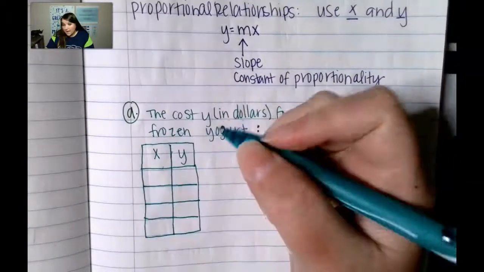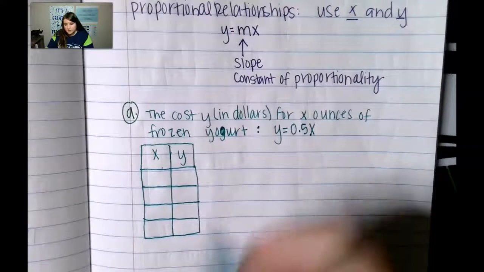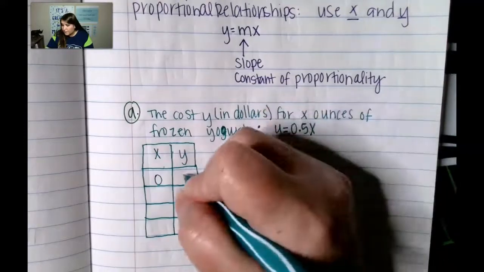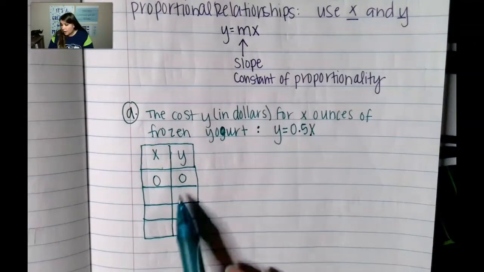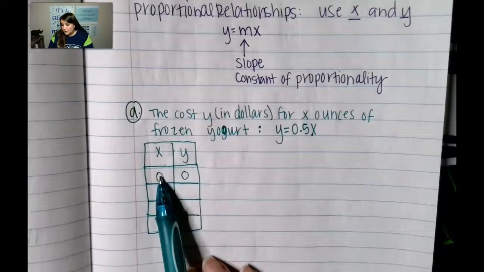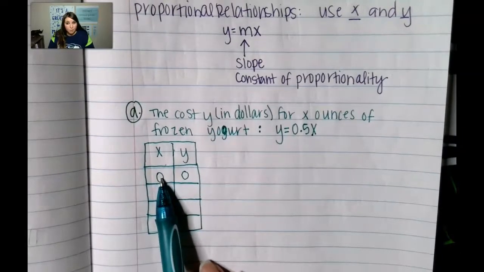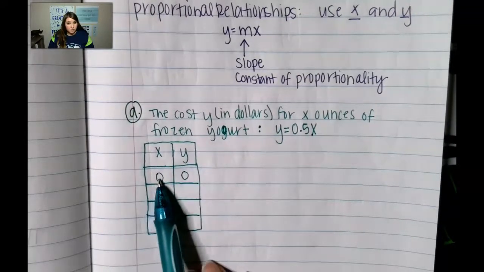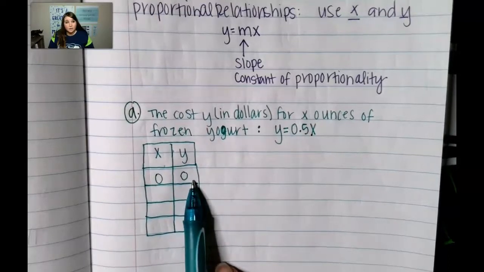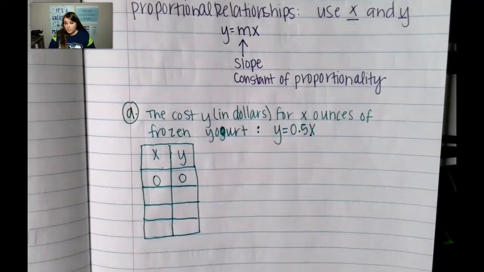So if I buy 0 ounces of frozen yogurt, I'm going to pay $0. The cost is based on how much frozen yogurt I get. So if I don't buy any, I don't pay anything.